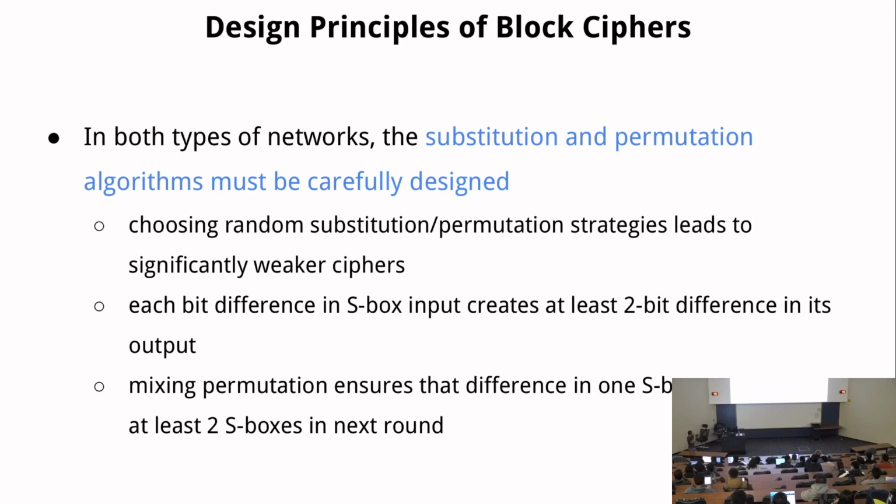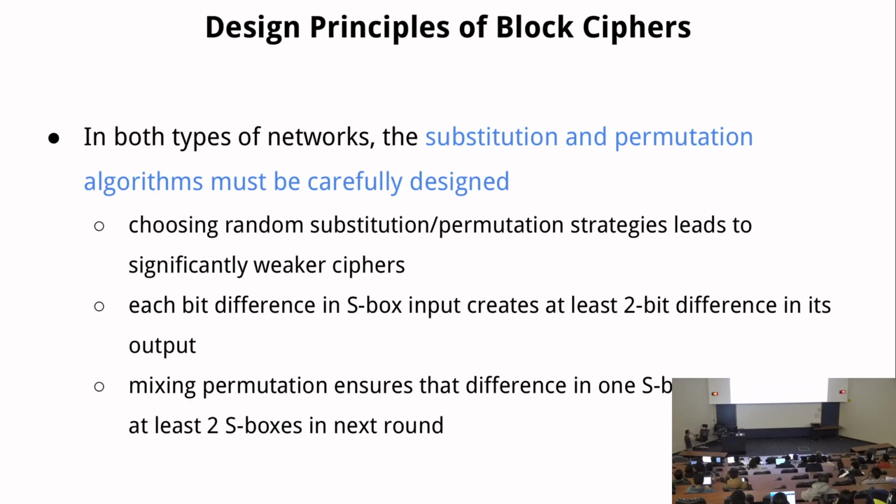And the principle here is for the S-box, for any bit change in the input, the output from the S-box should have at least 2-bit changes. The permutation step has a similar rule.